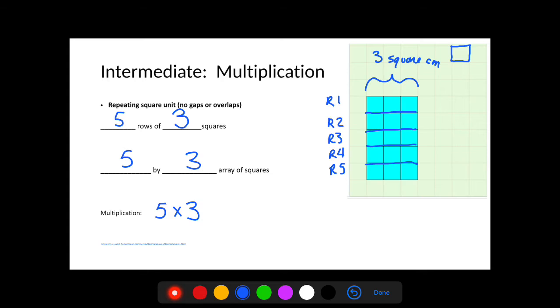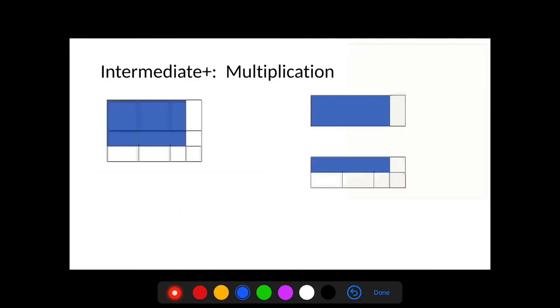My first example here, I had a whole number of squares. These ideas work for fractional amounts of squares too. So I can outline my square units here, and I can break them up into 2 groups. My first one, you can see that I have one group that contains 2.5 squares.